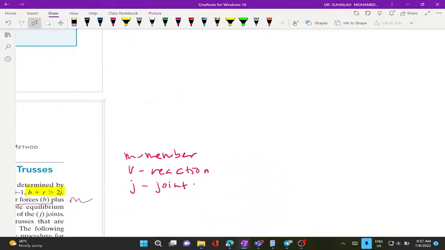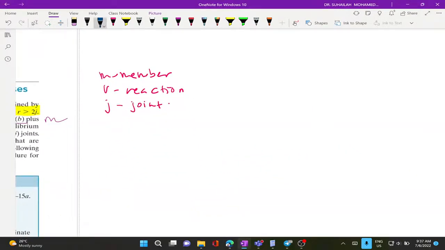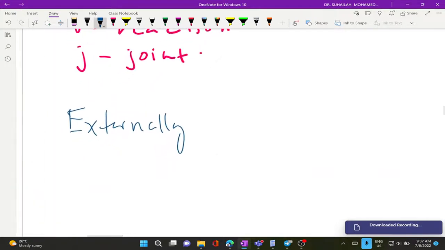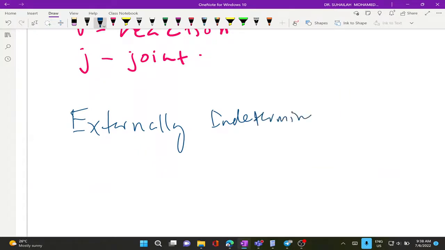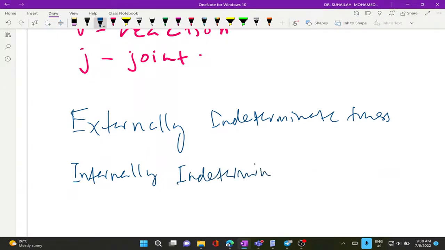One is called an externally indeterminate truss, and another one is called an internally indeterminate truss.